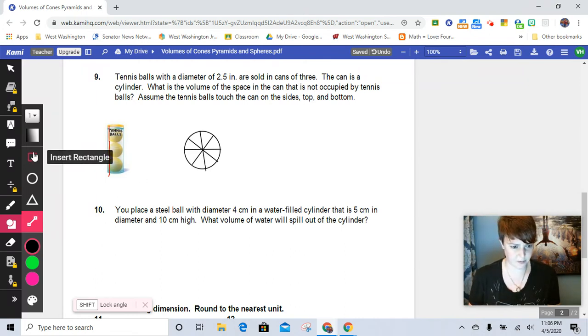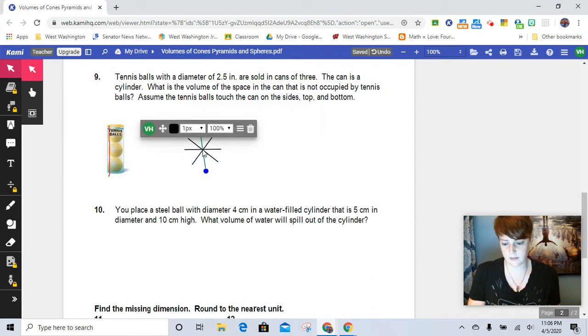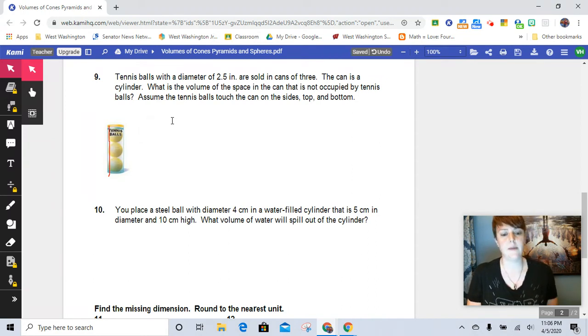But I guess what you really want to know is how do I find the volume of a cylinder? And that is something that we talked about last year in 7th grade. And so I will go ahead and give you that formula again for the volume of a cylinder. Yep. The volume of a cylinder, I need a text box, sorry.